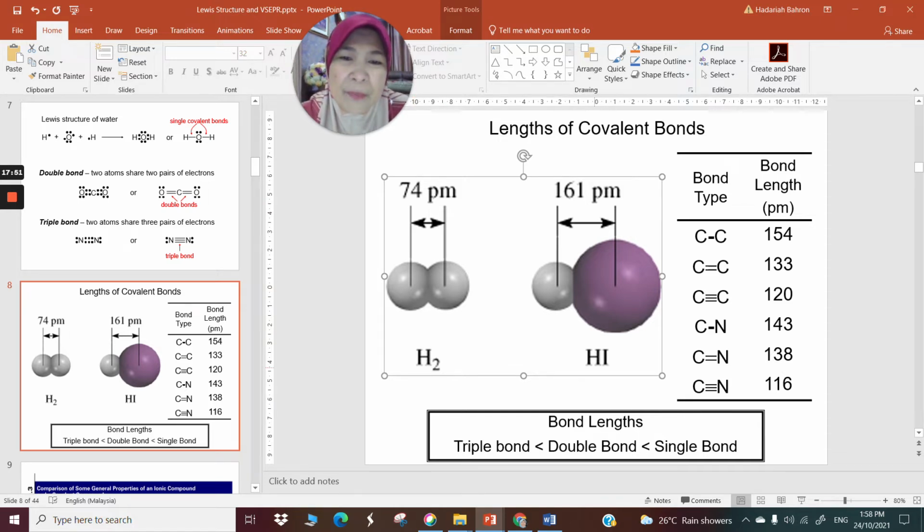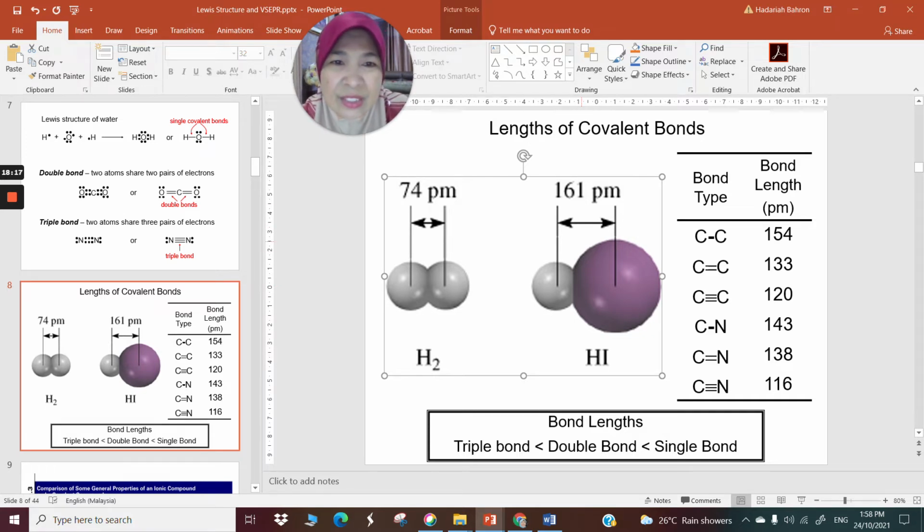When you have hydrogen bonded with iodine, we know that iodine is a huge atom compared to hydrogen. So you see this big purple atom on the right and the gray on the left. The separation between the nuclei of hydrogen and iodine is a lot bigger.